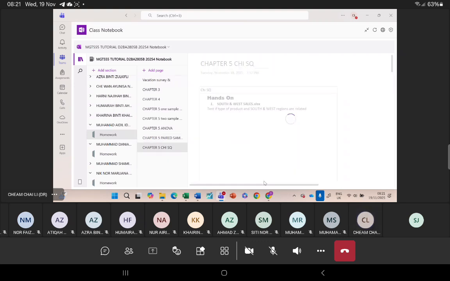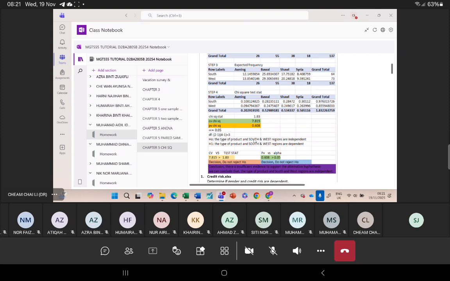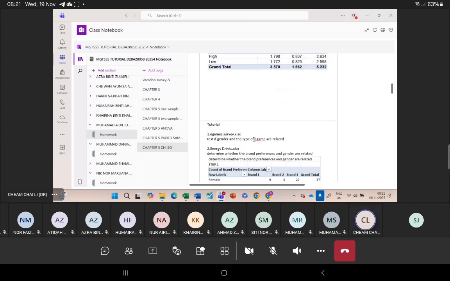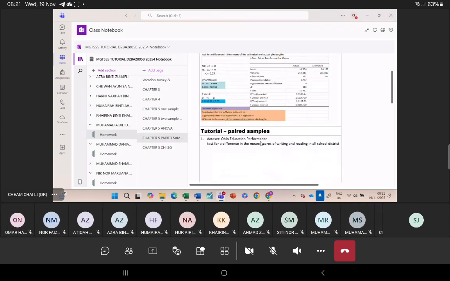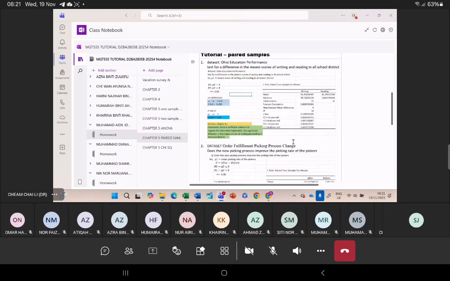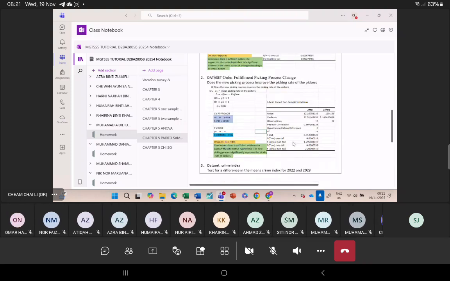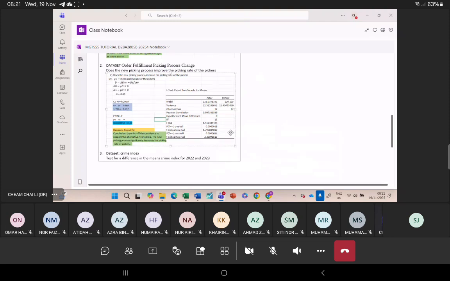This is chi-square, right? Okay. Ideal did all of them. Okay. So let's see.